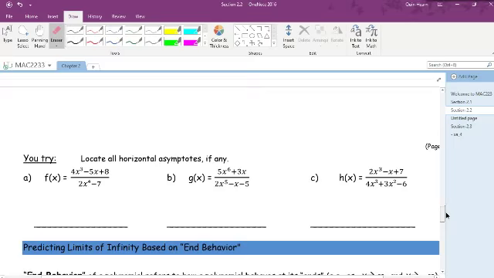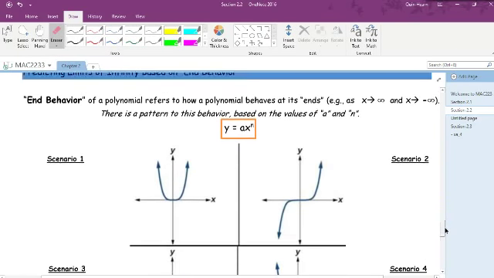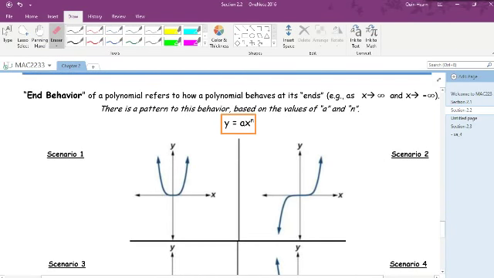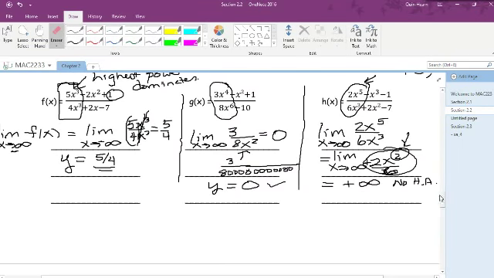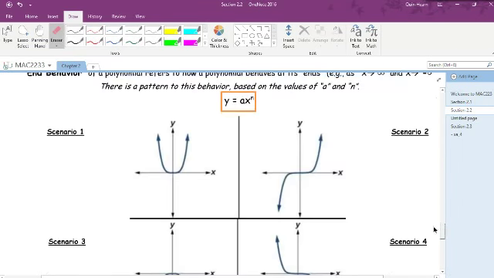All right, so going to talk now about the end behavior and how it depends on the value of the coefficient and the degree of the x. Anytime you're taking the limit of a polynomial or your rational function limit has simplified like it did in scenario 3 up here, you're going to have to keep in mind whether you have a positive or a negative coefficient and what the degree of the x is.